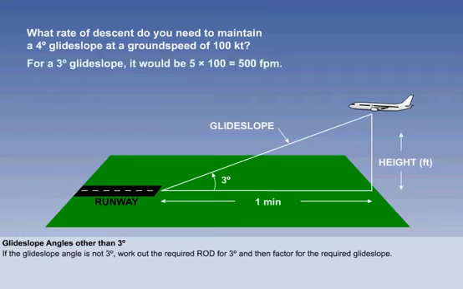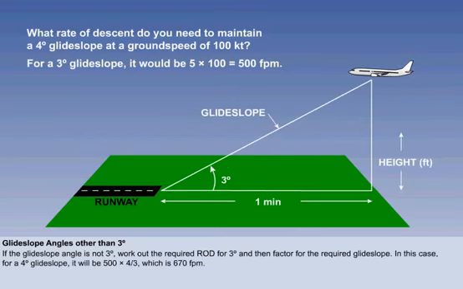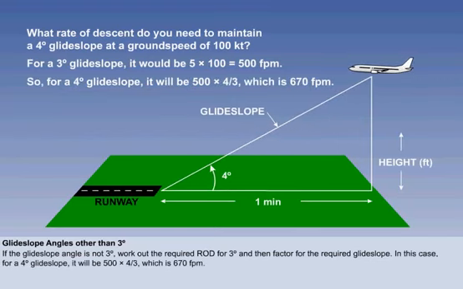For a 3-degree glide slope, it would be 5 times 100, 500 feet per minute. So, for a 4-degree glide slope, it would be 500 times 4 over 3, which is 667 feet per minute. Call it 670 for practical purposes.